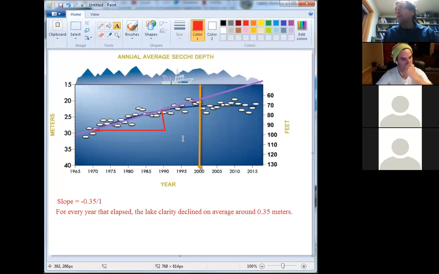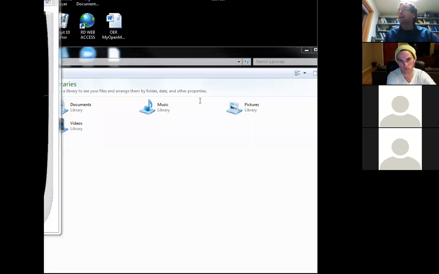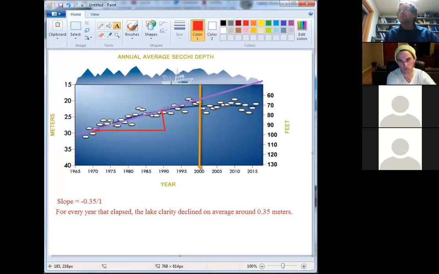All right, so now what I want to say is, first thing is look at the line and look at these dots. Look at these Secchi dishes. Is the line a good fit to the data? We're just looking to the left of the orange, pre-2000. I mean, it goes through them pretty straightly, but yeah, there's a curve under it.